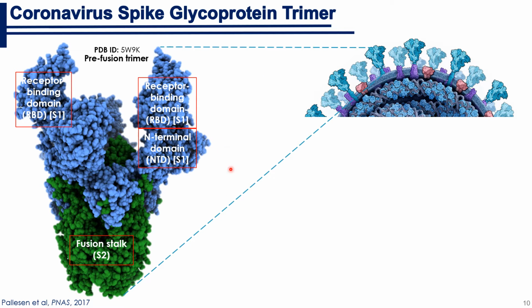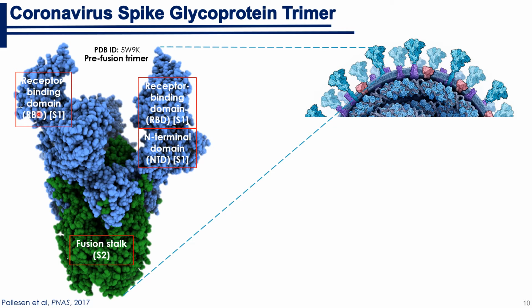This is a structure which was solved by X-ray crystallography, and it shows the pre-fusion spike glycoprotein trimer. What I mean by the pre-fusion trimer is that before fusion has happened, this is how the trimer looks, and the structure of the post-fusion conformation is different. So let's first discuss the structure of this pre-fusion trimer.